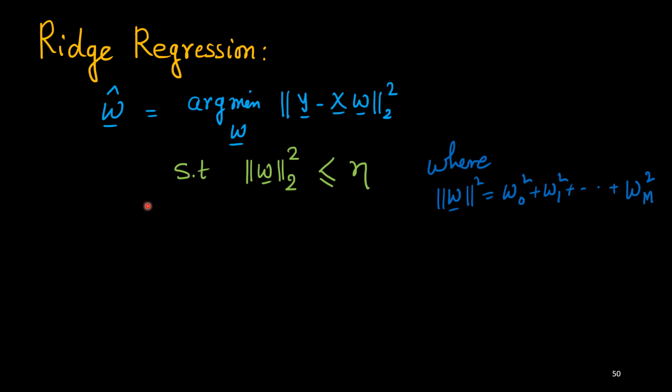It should not go beyond a certain limit. This norm2 square is basically the strength of the weight vector: w0 square, w1 square, the addition of all those terms. If this addition is less than eta, then we are sure that no coefficient is going to be very large. All the coefficients should be within a certain limit.